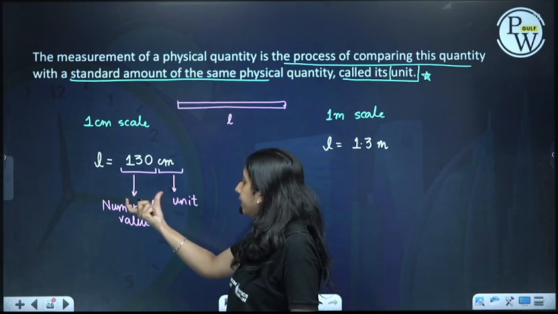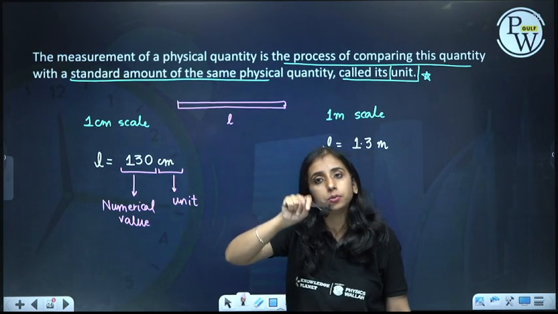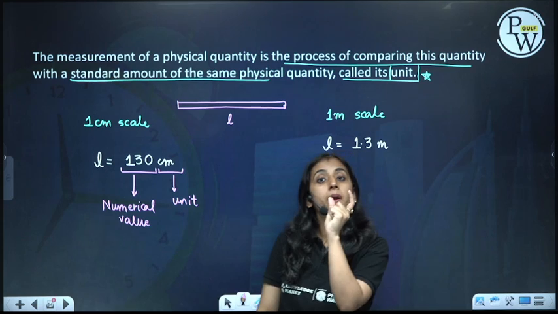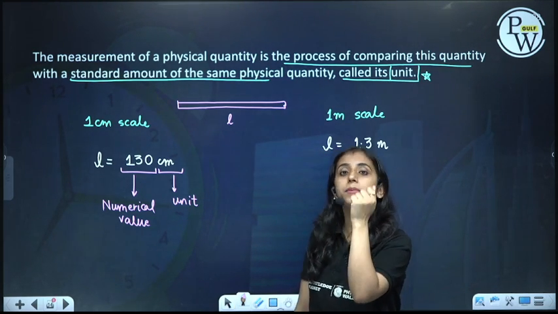So 130 is the numerical value of the length of the rod in centimeter unit.